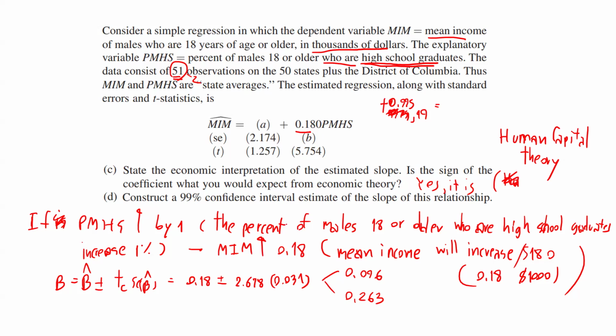So you can answer that the 99% confidence interval estimate of the slope must be between 0.096 and 0.263. So this is how the homework works.